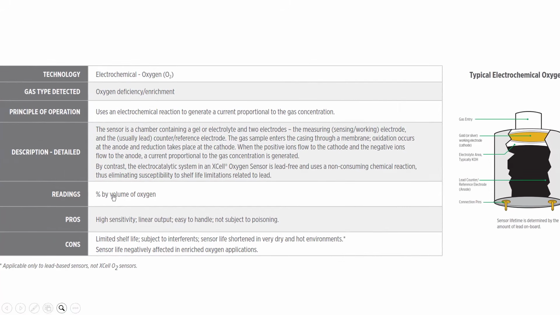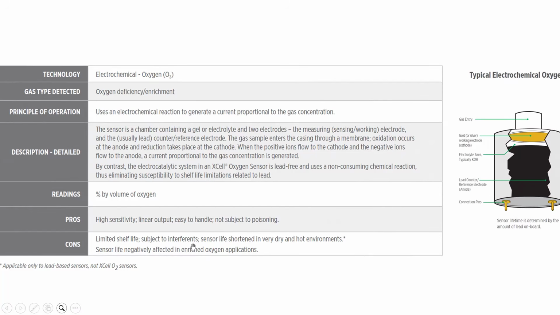Now, how is the measurement reading? Percentage by volume of oxygen. When we talk about the pros: very high sensitivity, linear output, easy to handle, not subject to poisoning. Excellent pros. And the cons: limited shelf life, I'm talking about this one, not the XL.